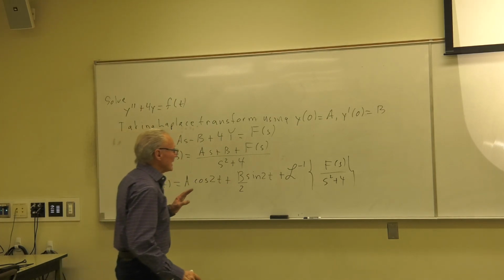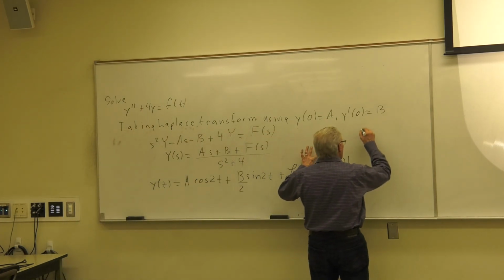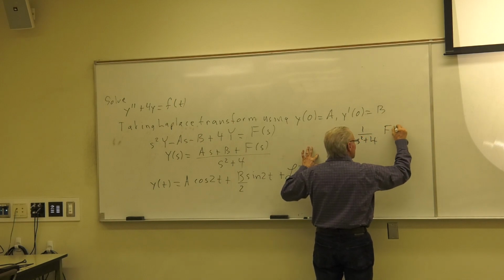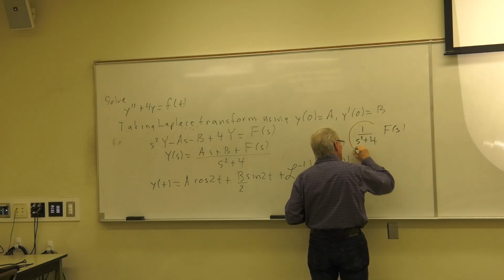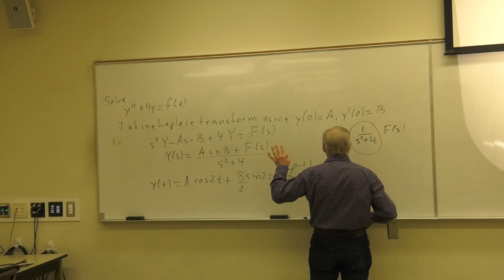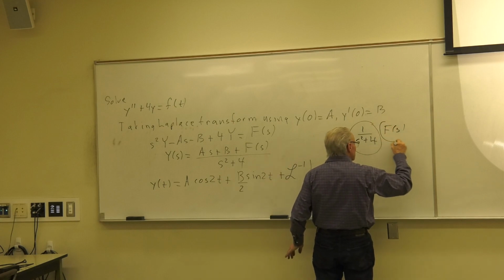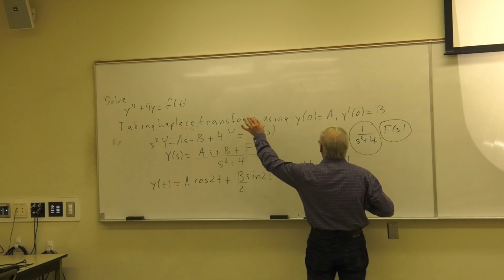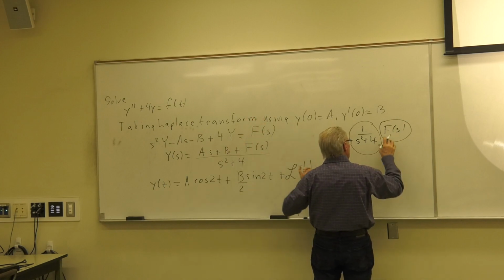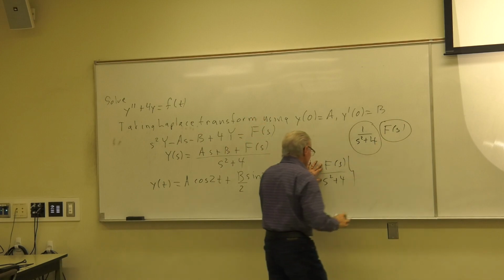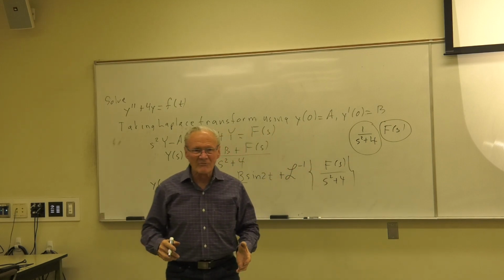But notice, if I think about this as being 1 over s squared plus 4 times f of s, I know the inverse transform of him, that's the sine guy. I know the inverse transform of him, that's the f of t guy. I could therefore write the inverse transform of this as a convolution.